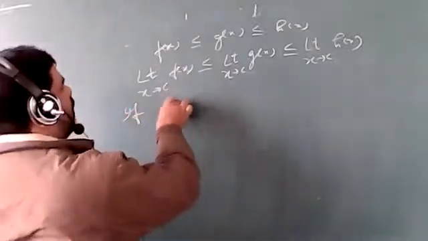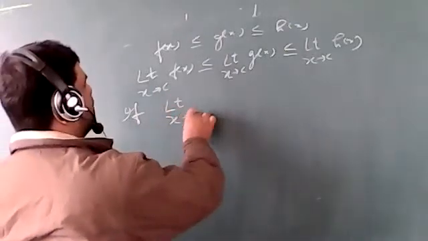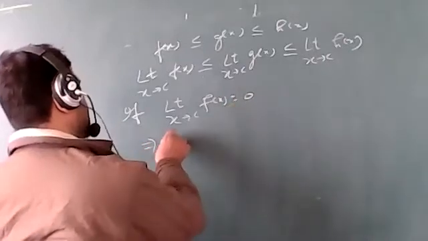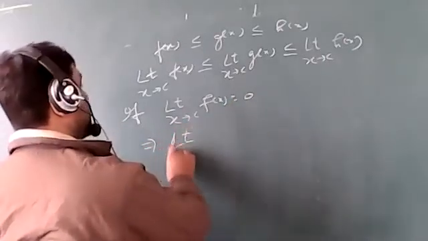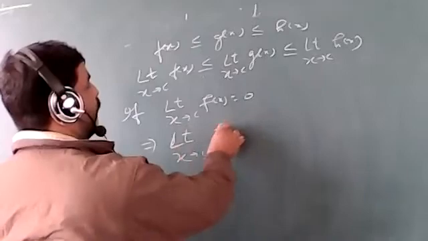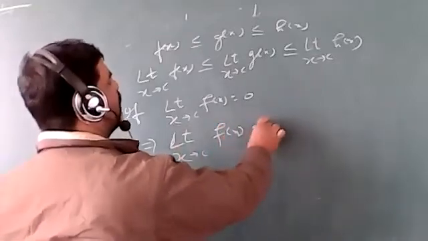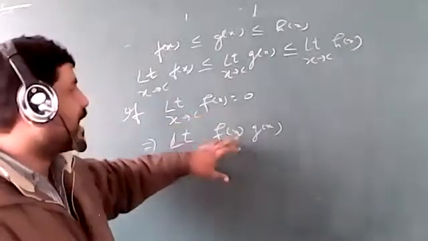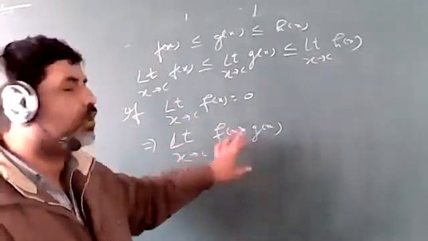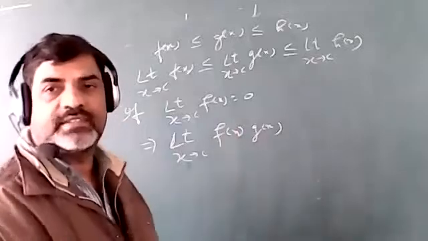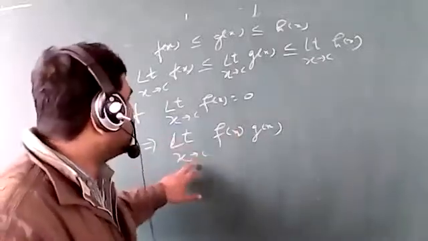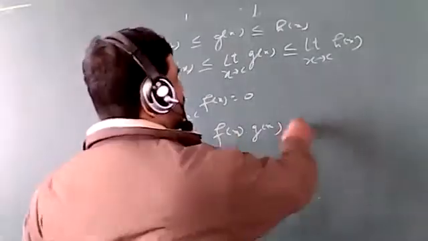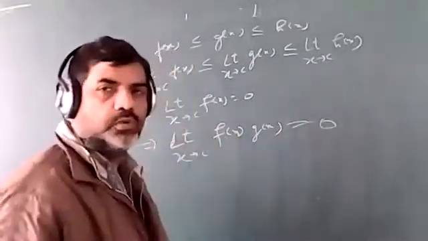If limit x tending to c f(x) equals 0, this implies limit x tending to c f(x) into g(x), where g(x) is any bounded function, will be 0. We can write this as limit x tending to c f(x) into limit x tending to c g(x). As we know, limit x tending to c f(x) is 0, so 0 multiplied by any expression gives 0.